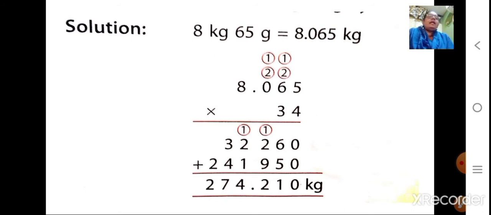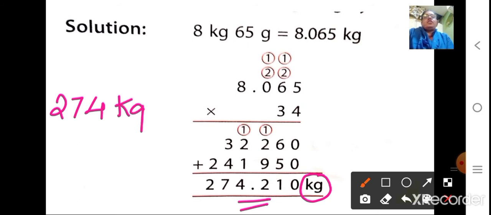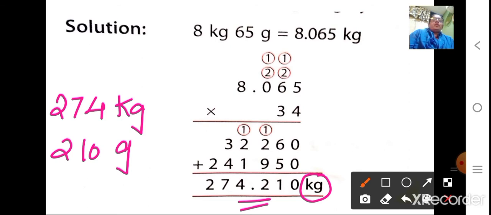When you are writing the answer using the decimal point, you use the bigger unit, that is kg. Or you can also write it as 274 kg and 210 gram. If you are using the decimal point, use the bigger unit at the end.